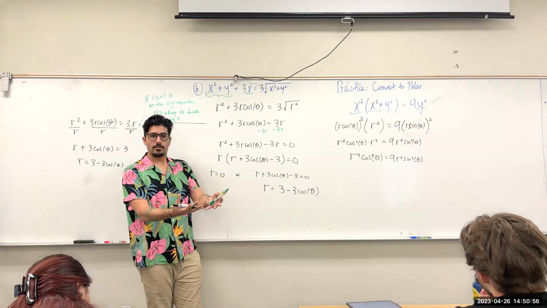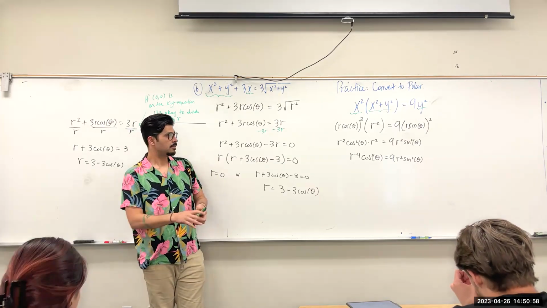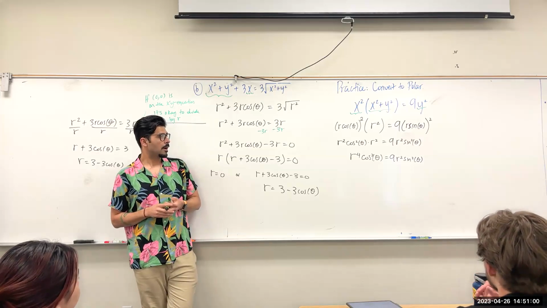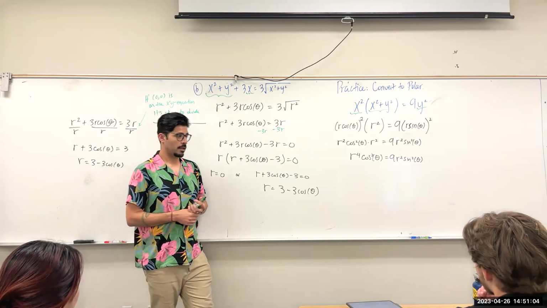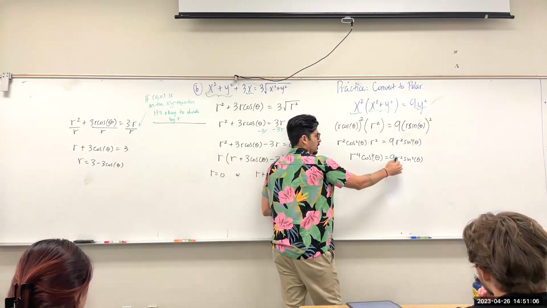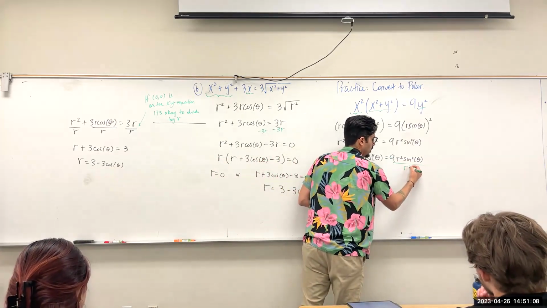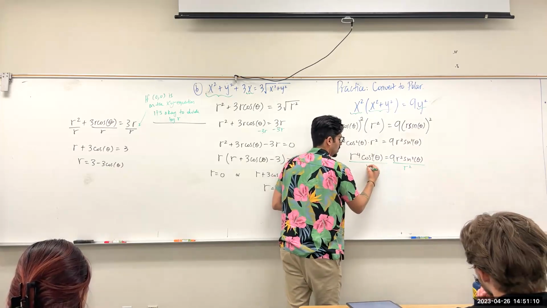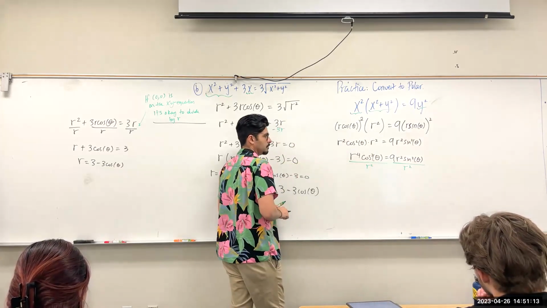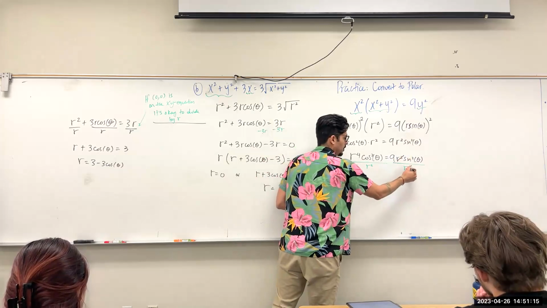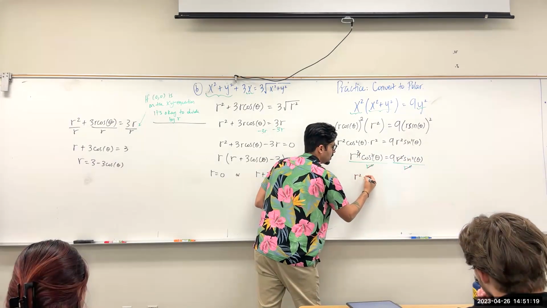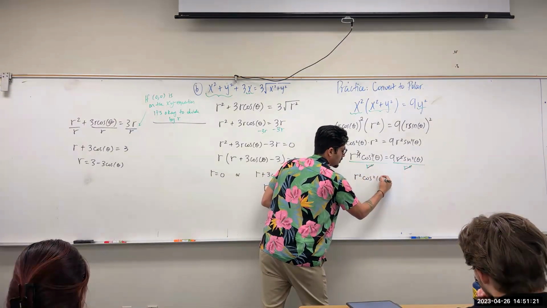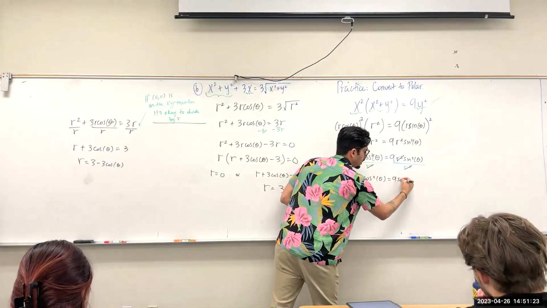And now what you guys really want to do is divide by R, but I can divide even by bigger R's. I can divide by R squared, right? Because that might as well divide not just by one R, but the product of 2 R's. So then that will cancel with this one, that will cancel with this guy. So you end up with R squared equals cosine squared theta, 9 sine squared theta.